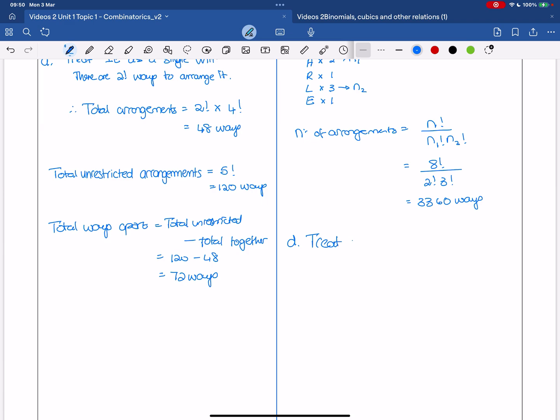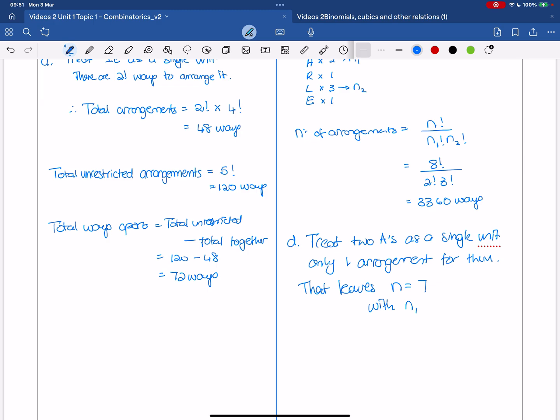So treat the two A's as a single unit, and there's only one arrangement for them. Okay, that leaves n equals 7 with n1 equals 3, and that's my repeated L's.